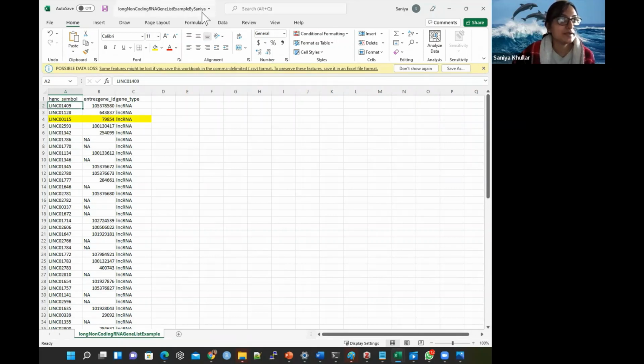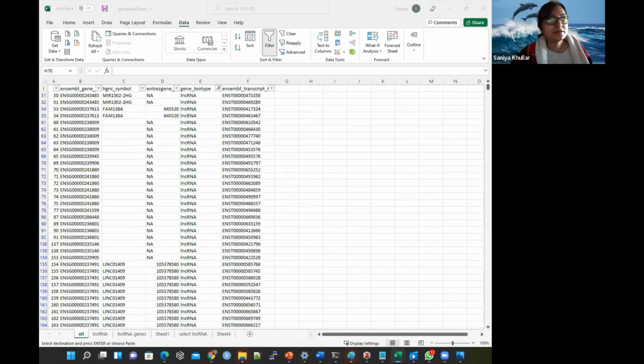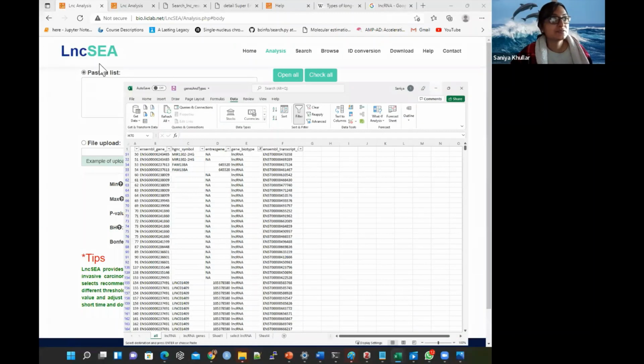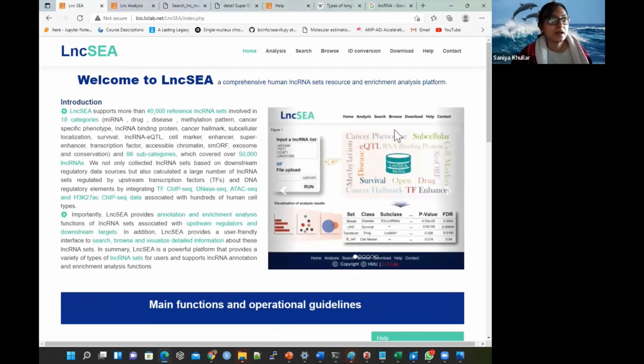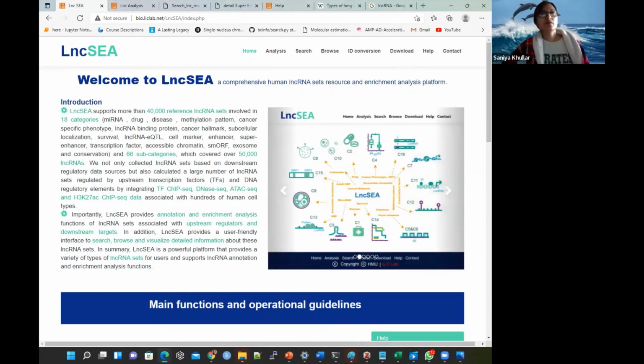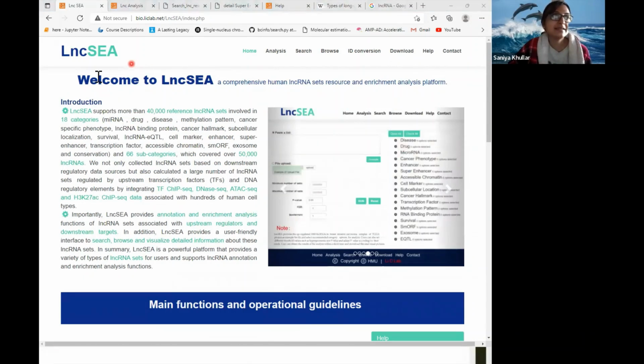I'm going to copy these 74 long non-coding RNAs, and I'm going to go to the resource LncSEA here. One thing I want to show you, before we dive into this list of 74 genes and doing enrichment analysis, is what it is.